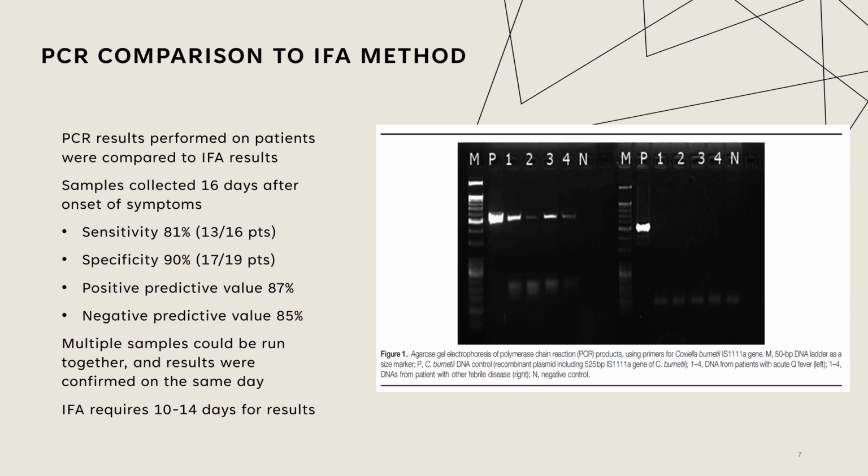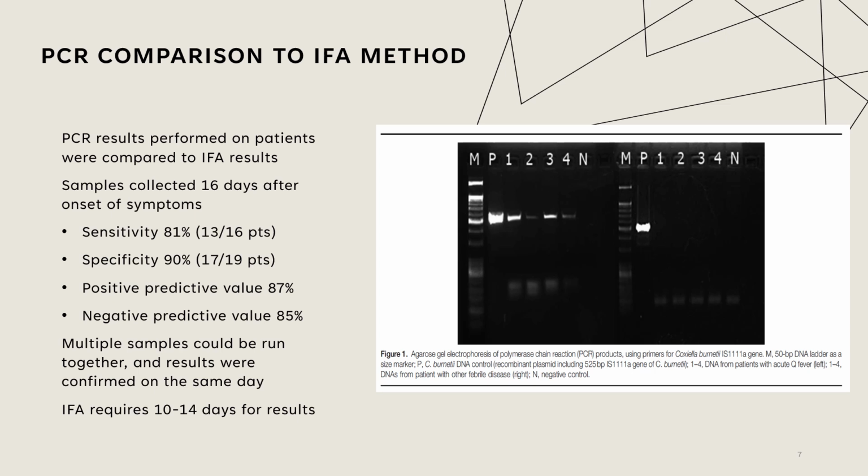It produced a positive predictive value of 87% and a negative predictive value of 85%. Multiple samples could be run together for PCR, and results were confirmed on the same day, whereas the IFA needed 10 to 14 days to produce any results.